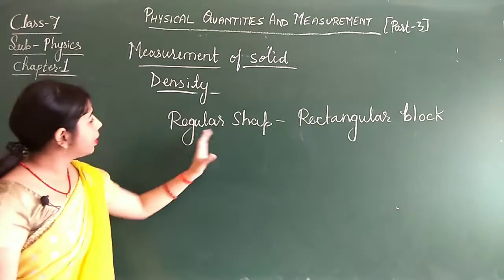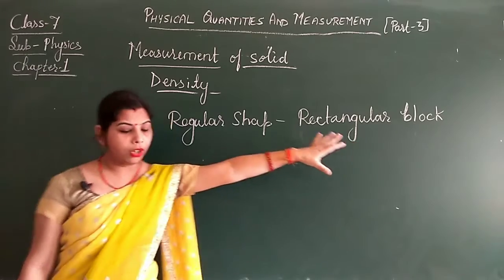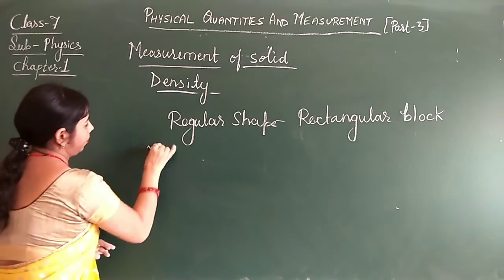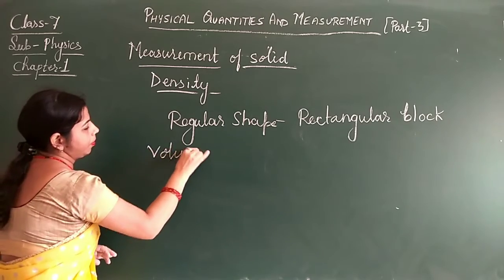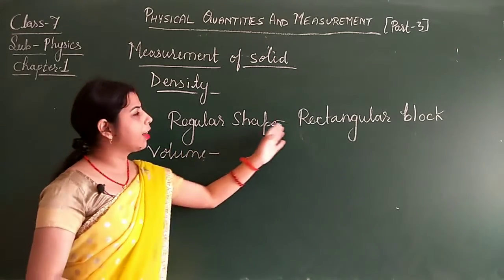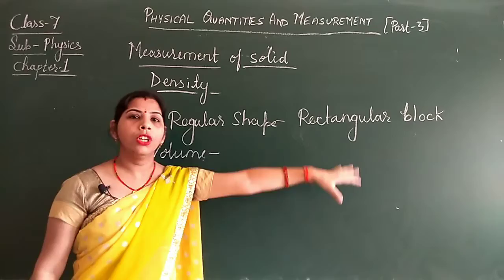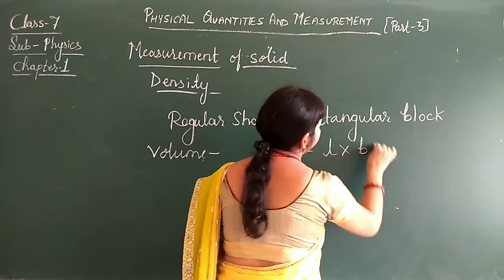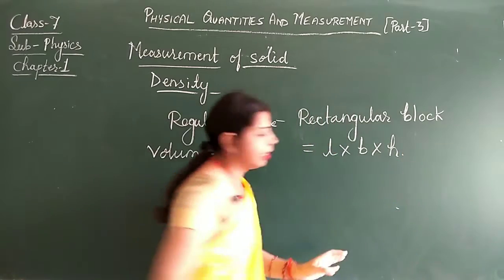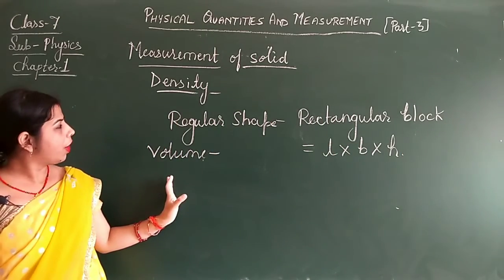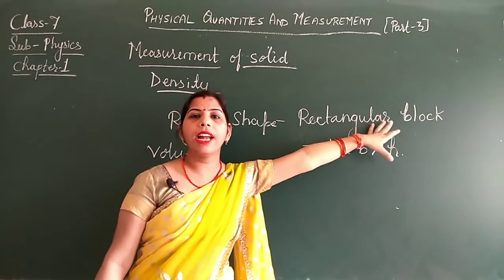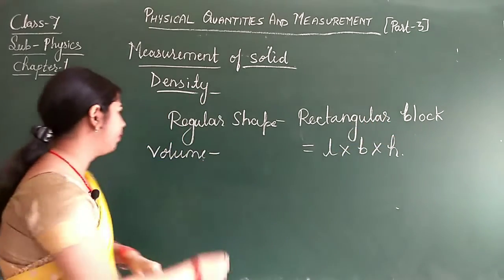If we are going to see the rectangular block, that means we are going to see the volume of a rectangular shape. We just need its length, breadth and height. These three things are required to measure the volume of a rectangular block.